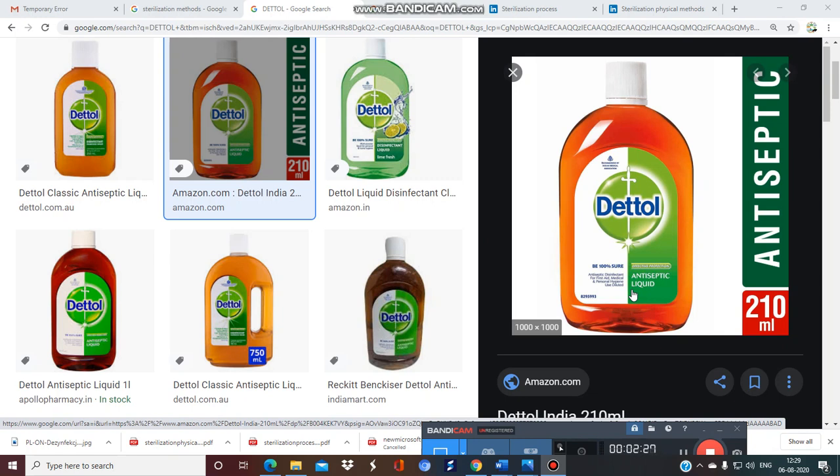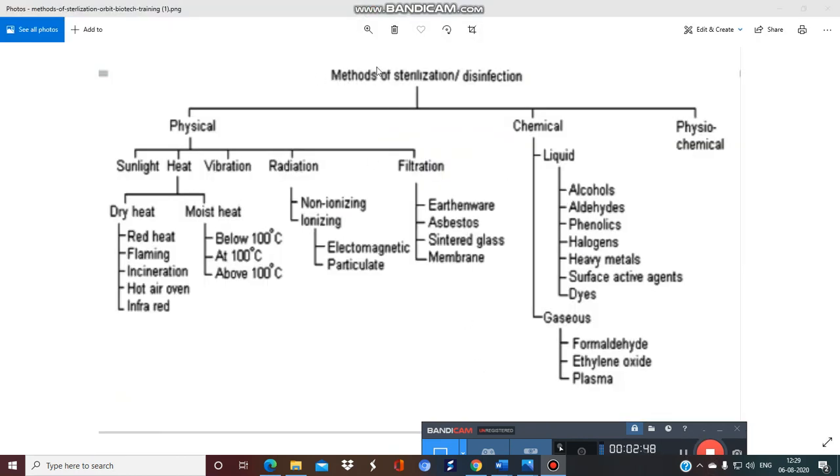So we will do it in detail, just a brief idea. Antiseptics are applied directly to the skin, whereas disinfectants are not applicable for the skin. They are used to disinfect or sterilize various types of floors, laboratory floors, washings, or bathrooms or toilets, etc. So you can see there are different methods of sterilizing different things.